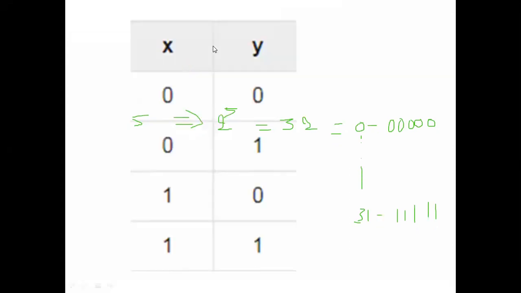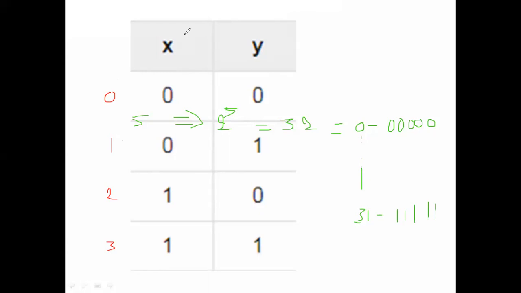Suppose you are taking two variables, then 2 square, 4 combinations are obtained. So here this is 0, 1, 2, 3. In this way we are taking the 4 combinations.